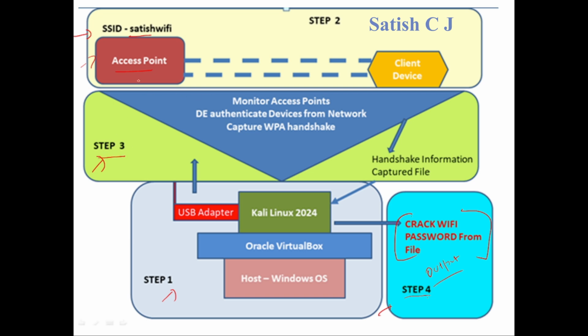We were monitoring, dumping information about the access points, monitoring and waiting for the handshake file, and we de-authenticated the devices. Then once we tried connecting back, we were able to capture the handshake file. Step 3 was all about capturing the handshake file, and step 4 was using Aircrack-ng to crack the password from the handshake file using a word list.